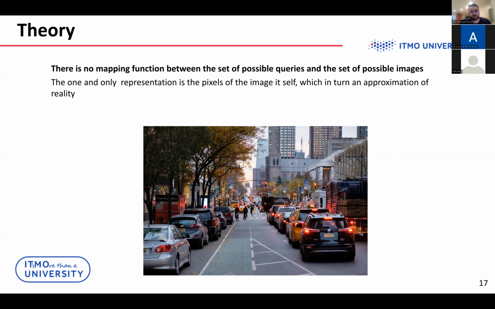In other words, we cannot precisely describe everything that appears in the image except by using the image itself. The most accurate representation of an image is the image itself, and we cannot write a precise representation in text. This ambiguity should be taken into consideration when we train such systems. We should understand that each query can represent multiple images, and each image can correspond to multiple queries at the same time.